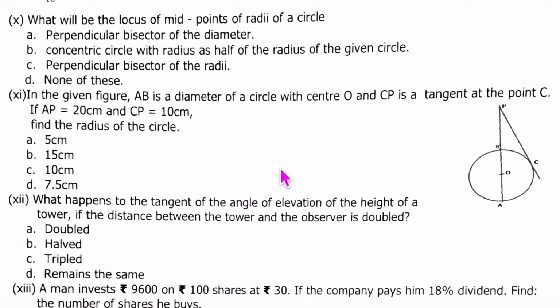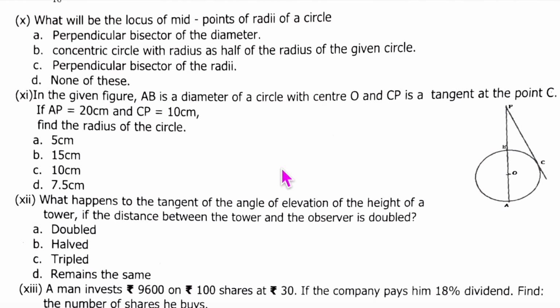For the 10th one, I realize quite a few of you did have a problem. Now they are telling you there is a circle and they say midpoints of the radii. So I will take one radius, take the midpoint, another radius, take the midpoint, and I will just do this.